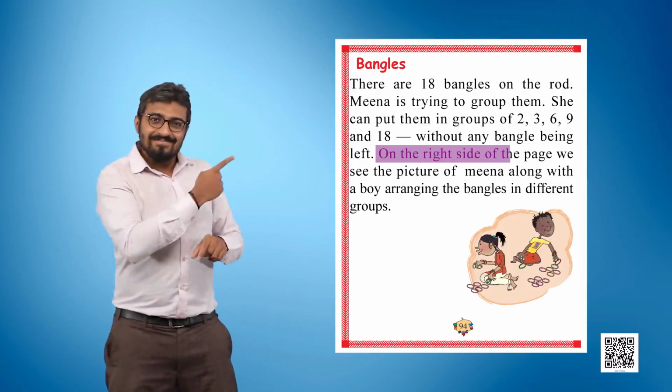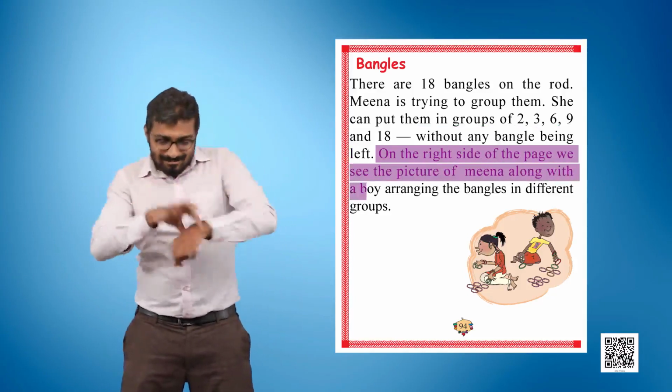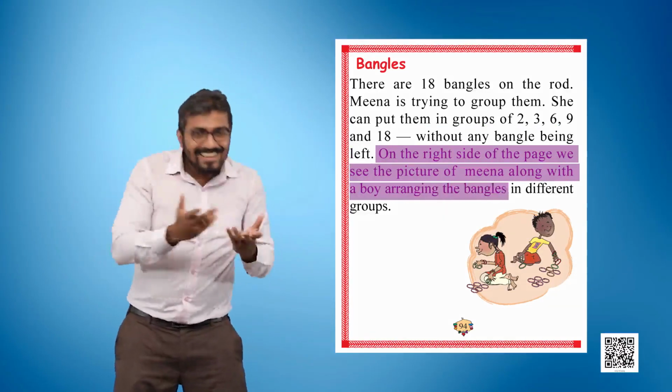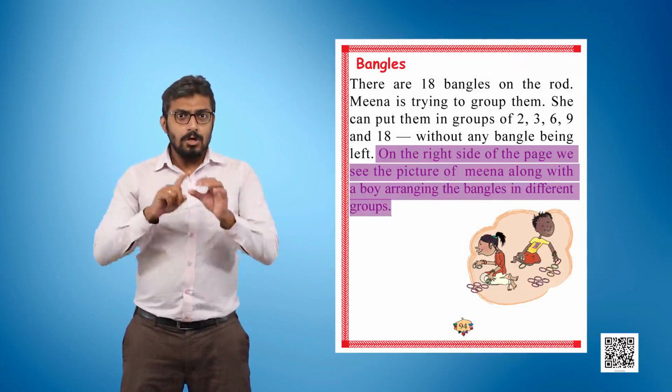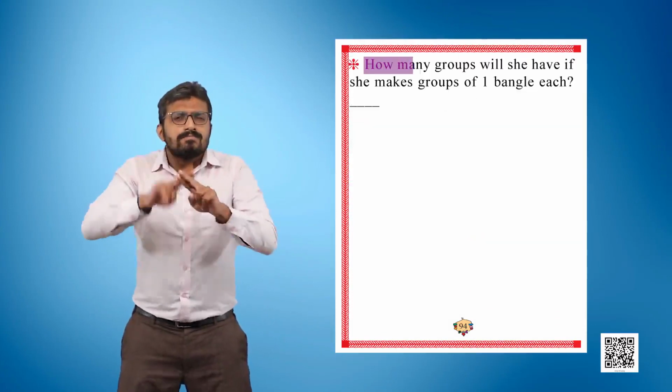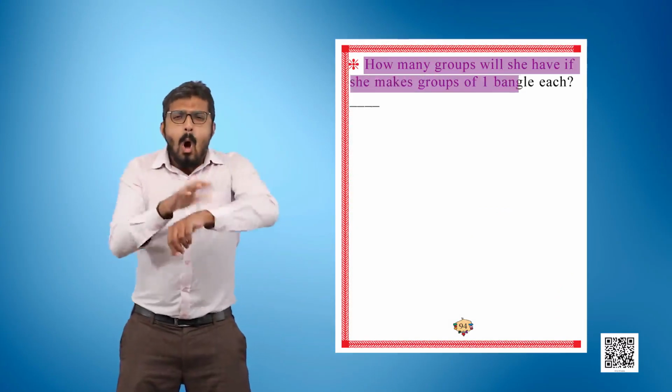On the right side of the page, we see the picture of Meena along with a boy arranging the bangles in different groups. How many groups will she have if she makes groups of one bangle each?